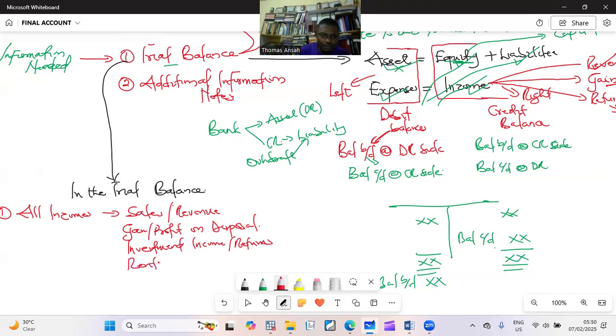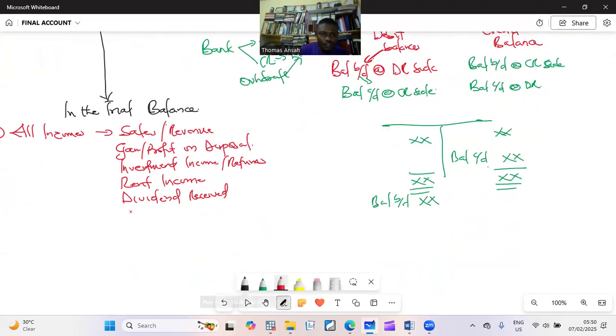Rent income, dividend received, commission that you receive, check them.